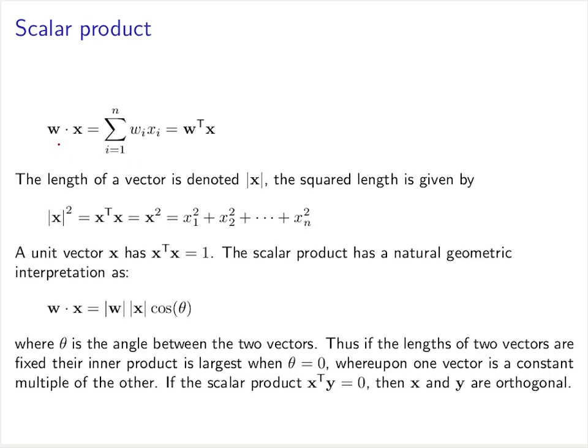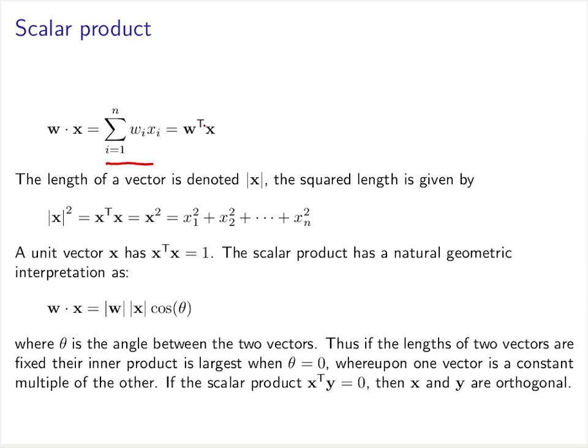The scalar product between a vector w and x is this summation expression. So you see both vectors have to be of the same length, and often it's written like that.